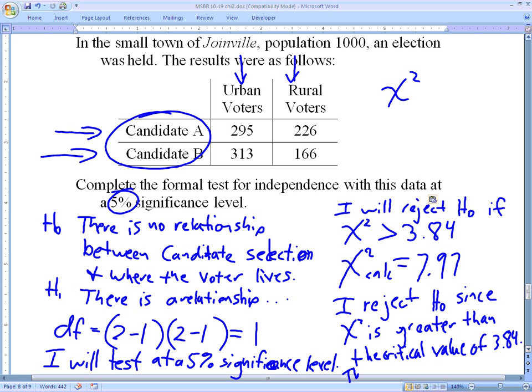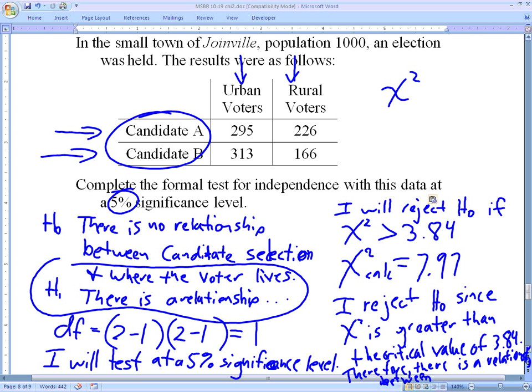Therefore, there is a relationship between, and I'm out of room here, but between our 2 variables, which were, if we go back to our alternative hypothesis, there is a relationship between candidate selection and where the voter lives.